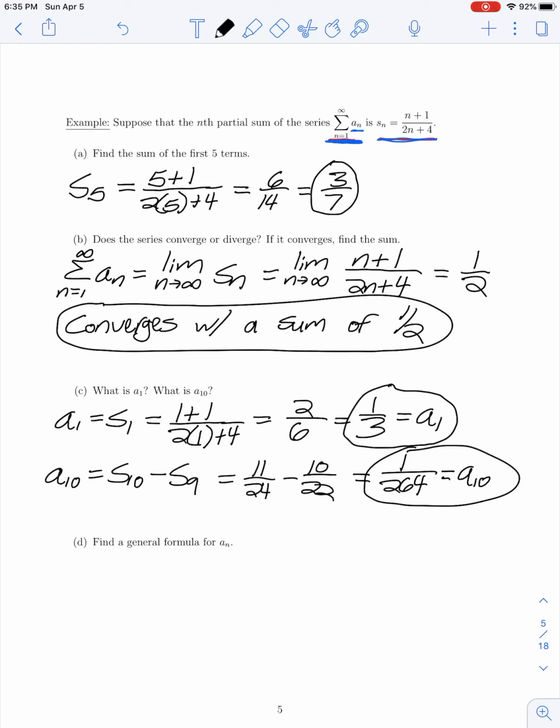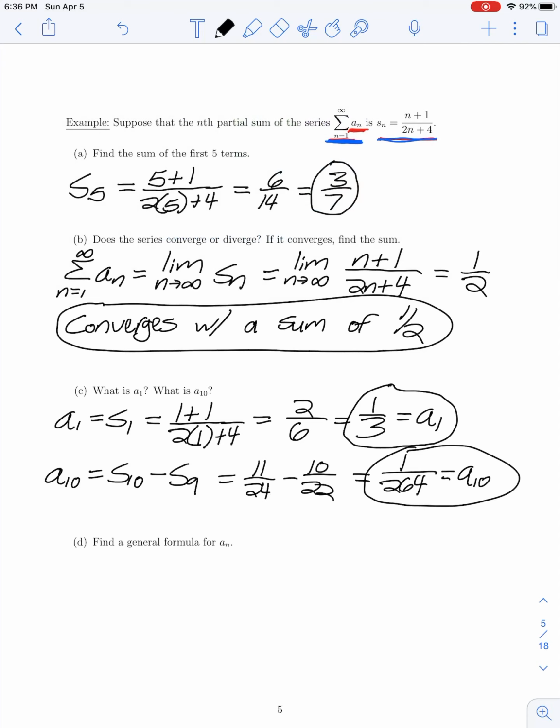Now, in the last part of this example, part D, we want a general formula for a sub n. That is, we want to know for this sequence what is the formula for this a sub n term that we're adding, describing the nth term in my sum.